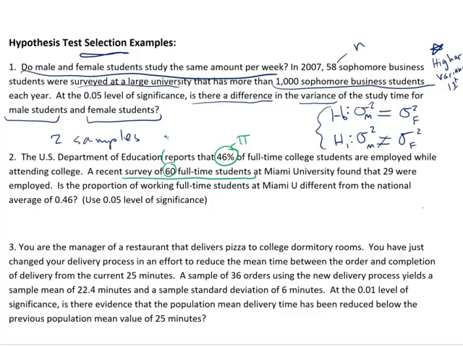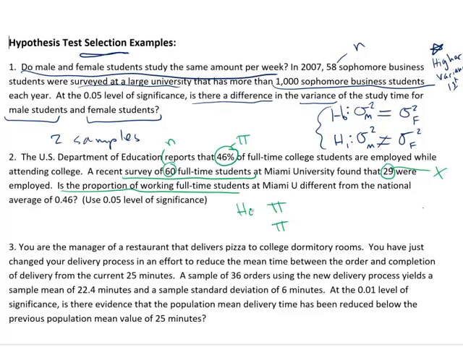so if I'm remembering, if I'm looking at proportions, I need N. That's going to be N. And it says here at Miami University found that 29 were employed. So that's an X. So clearly this is a proportion test. It even asks, in that very next, is the proportion of working full-time students, and it asks different from the national average. So we've got a proportion and a proportion.